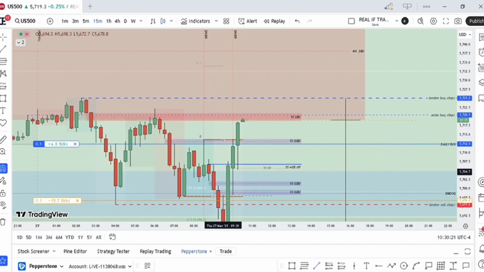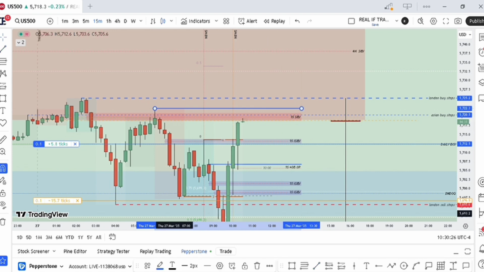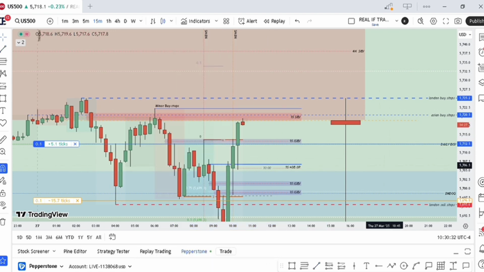I wouldn't want to see price ever return below the low of that candle.